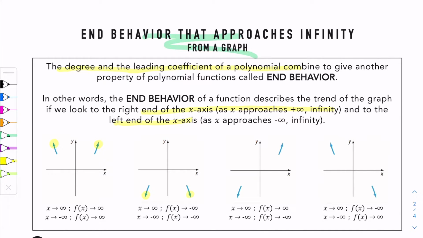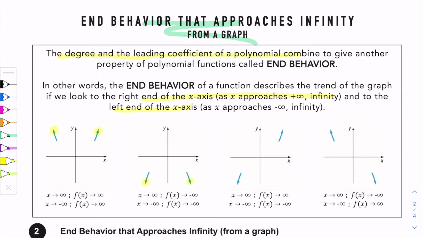All right, so the first example says that if x approaches positive infinity, the function approaches positive infinity. That means as you head towards positive infinity on the x-axis, the function is heading up towards positive infinity on the y-axis.